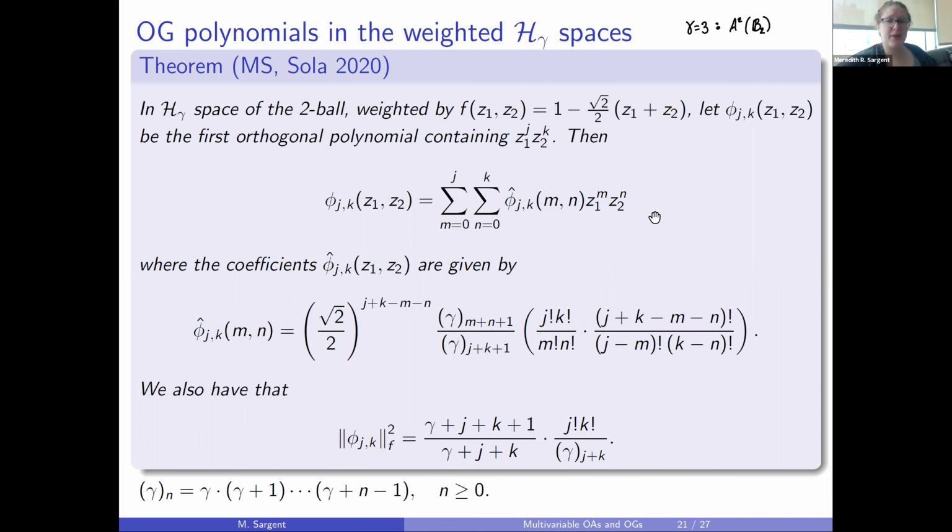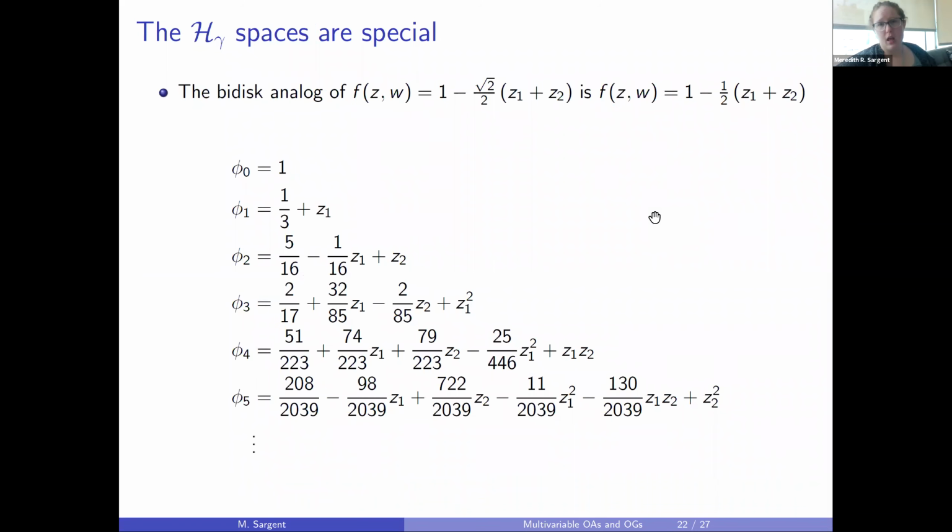An important point here, though, is that these H gamma spaces, or maybe even just the ball, it's special. If we look at basically the analog of this, where I have Z1 plus Z2 in the bidisk, well, my orthogonal polynomials certainly aren't pretty anymore.